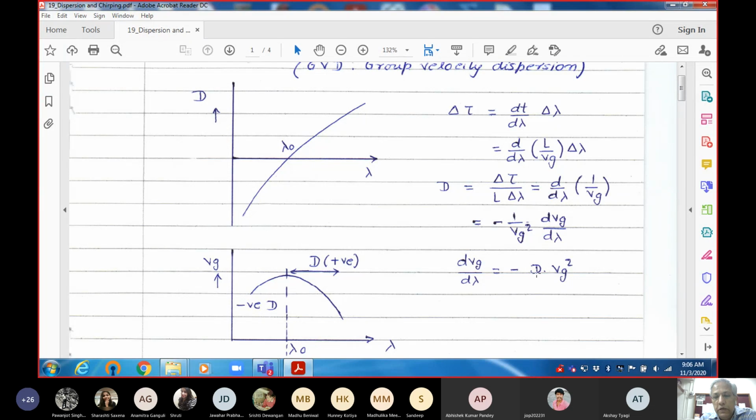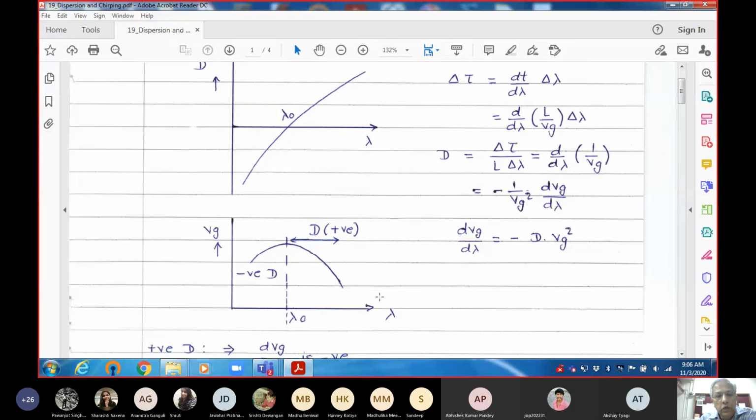So you can see if D is positive, then dVg by d lambda would be negative, and if D is negative, then it would be positive. Naturally the Vg versus lambda curve, if you plot, would be something like this. At zero dispersion wavelength, the tangent would be parallel to the x-axis.